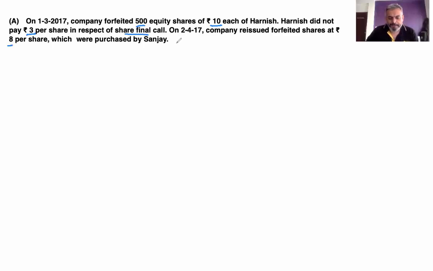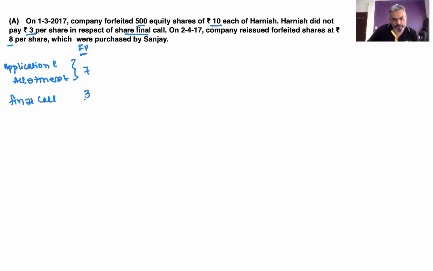Now over here we have to write the entries for forfeiture and entries for reissue of shares. So let's do the working. Application and allotment combined is rupees 7 face value, and he did not pay the final call.